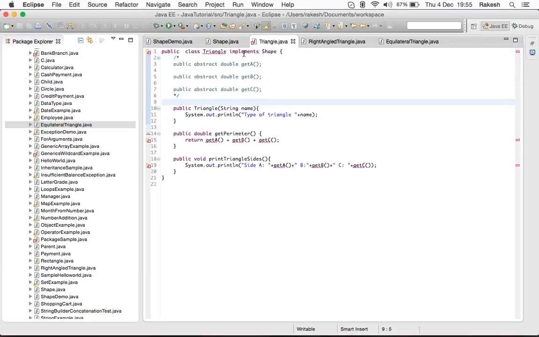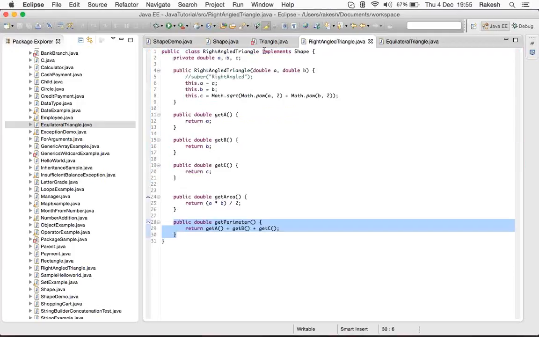I'll create a class called triangle, and I'm saying my triangle implements something called shape. And here my right angle triangle, instead of implementing shape, I'll say extends triangle. So I'm extending from a superclass.